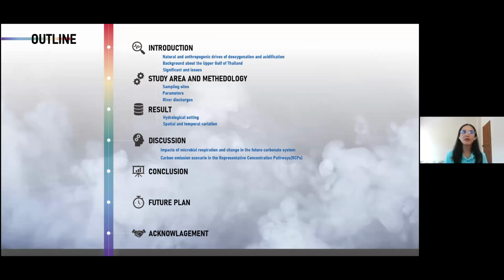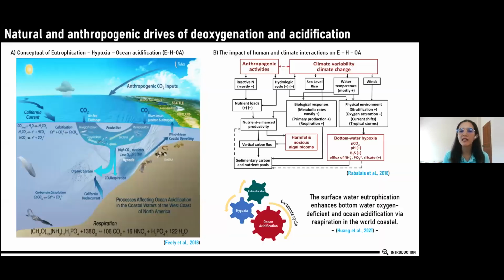So we are going to the first topic. Estuary and coastal zones are land and sea interaction zones that play a significant role in human livelihood and are strongly affected by human activity. Large amounts of inorganic and organic nutrients drain into this area.